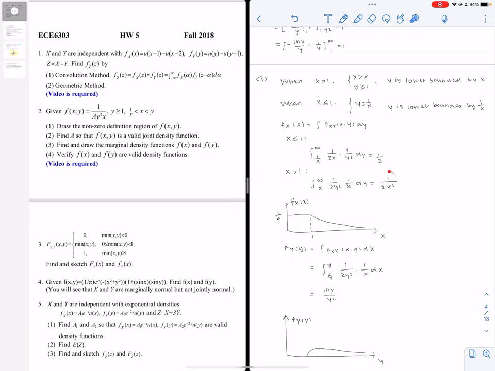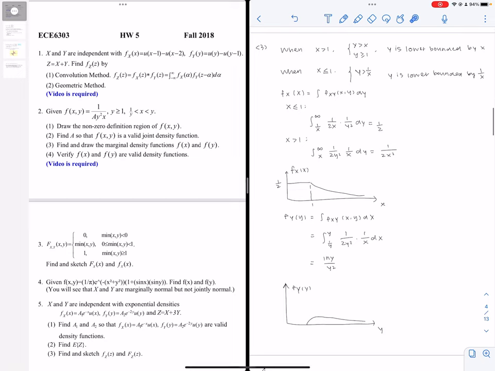And here we get two different functions, and pretty much when x is from 0 to 1, the value of fx is constant, it is a half. And then from then on, when x is no less than 1, we have 1 over 2x squared.